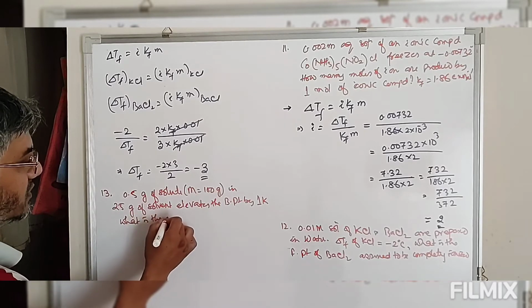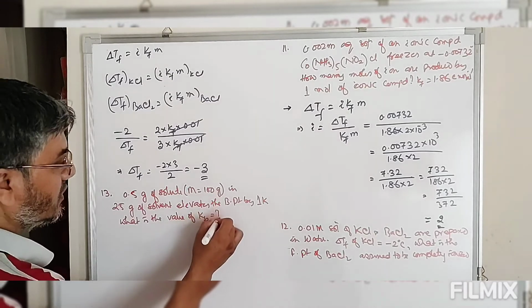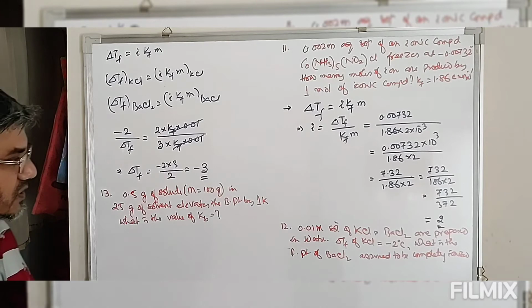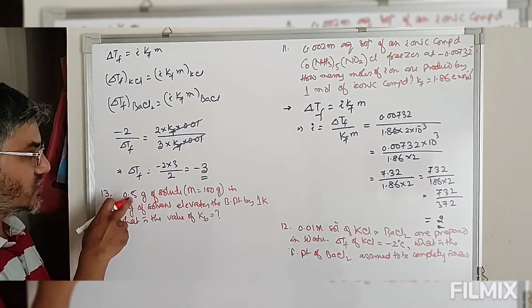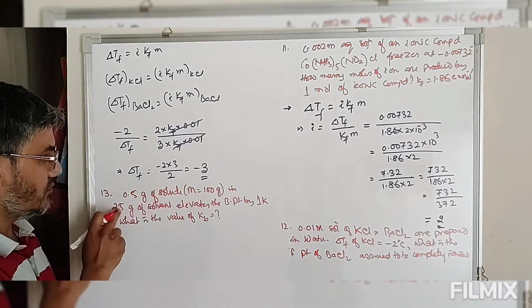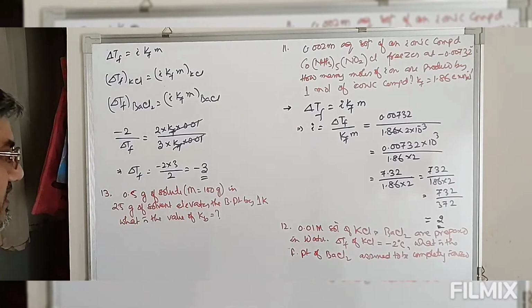The elevation in boiling point of the solution is 1. Mass of solute is 0.5. Molar mass is 100. Mass of solvent is 25 grams. So what is the value of Kb?